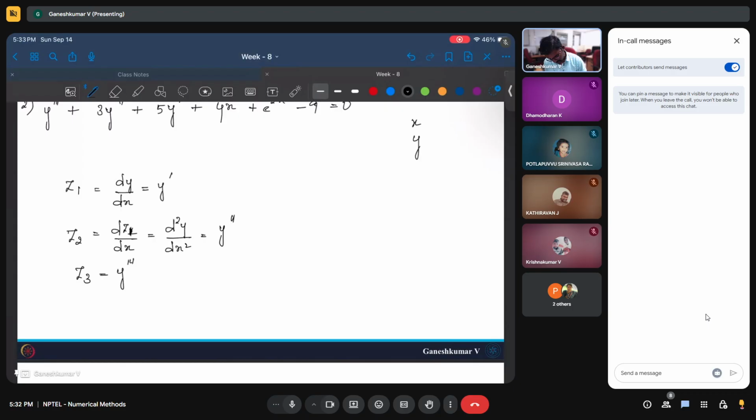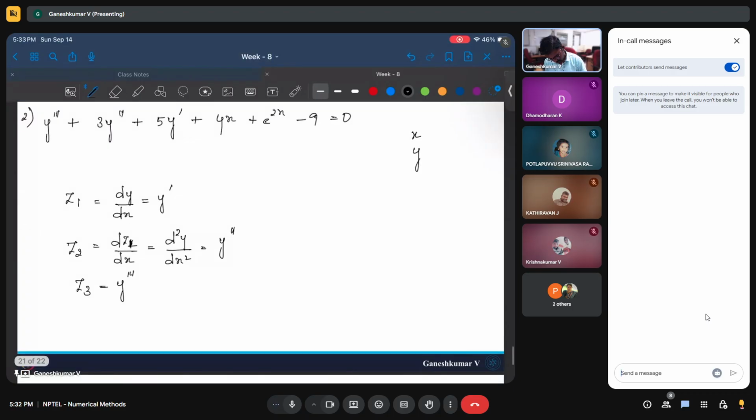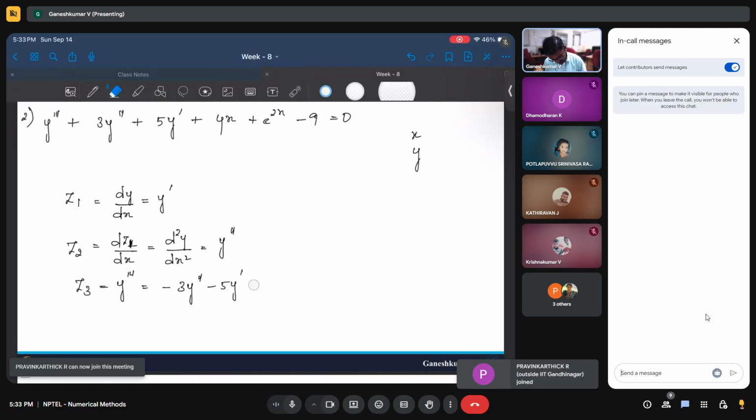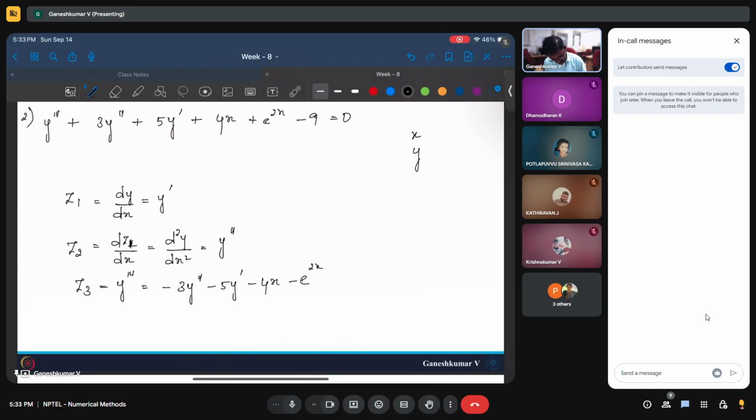Now y triple dash is nothing but minus 3y double dash minus 5y dash minus 4x minus e power 2x minus 9.